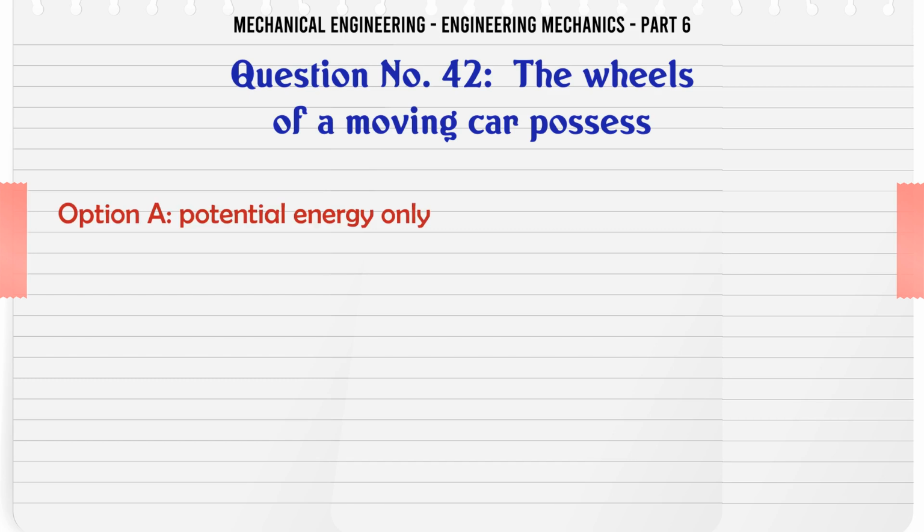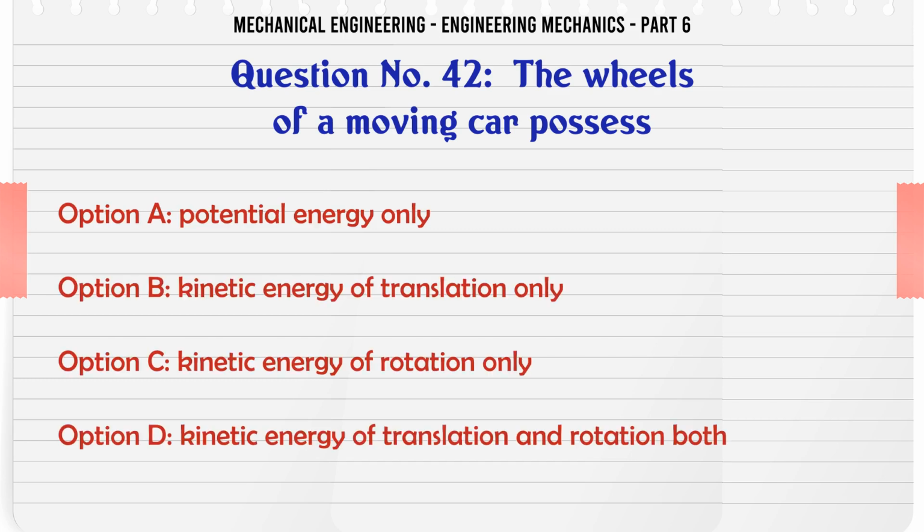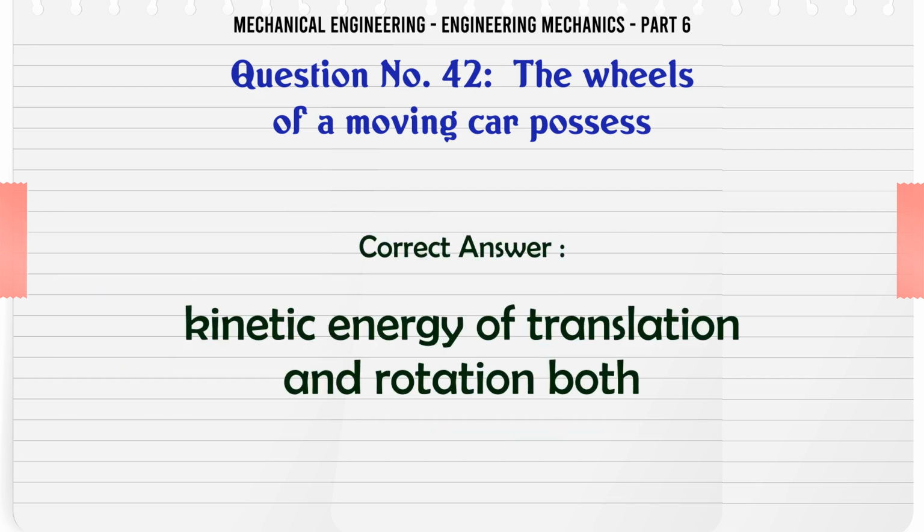The wheels of a moving car possess A. Potential energy only. B. Kinetic energy of translation only. C. Kinetic energy of rotation only. D. Kinetic energy of translation and rotation both. The correct answer is kinetic energy of translation and rotation both.